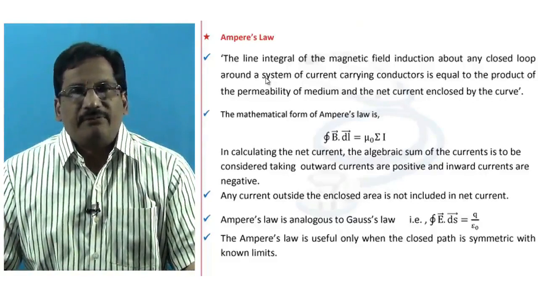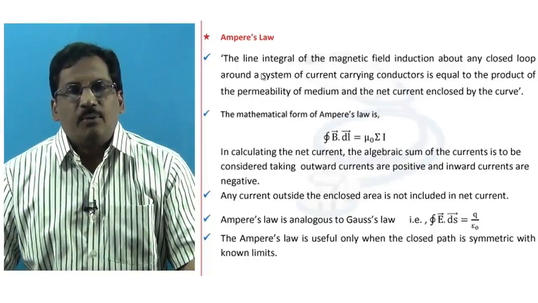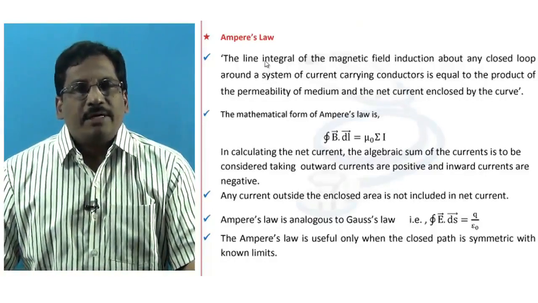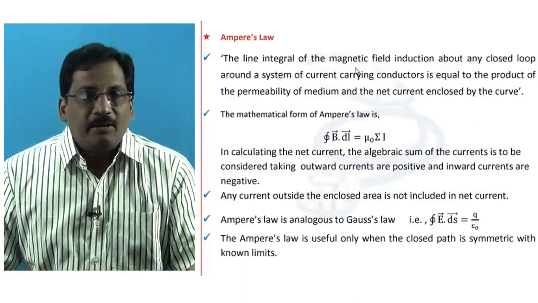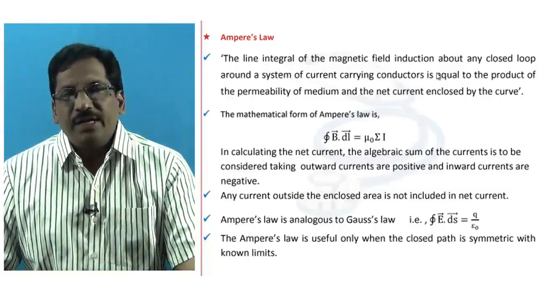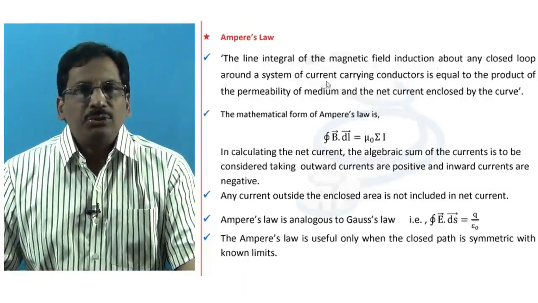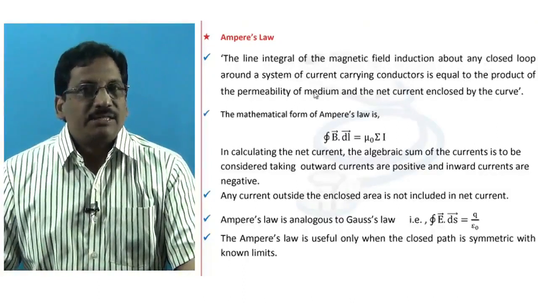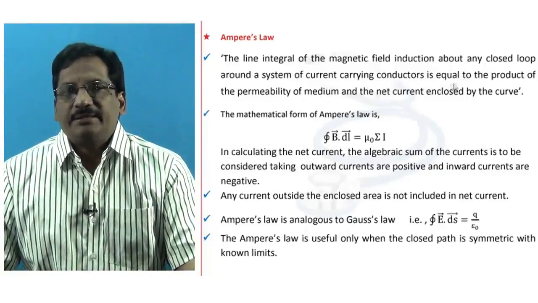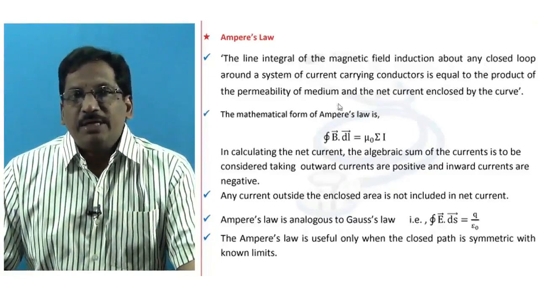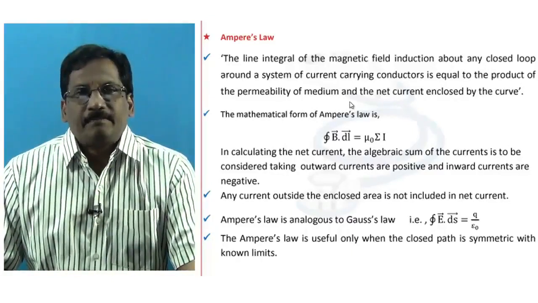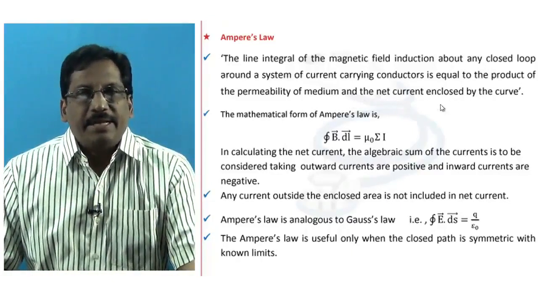The statement of Ampere's law, more elaborately called the Ampere's Circuital law, says that the line integral of the magnetic field induction about any closed loop around a system of current carrying conductors is equal to the product of the permeability of the medium and the net current enclosed by the curve.